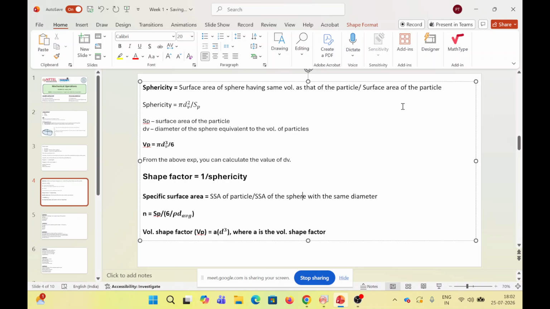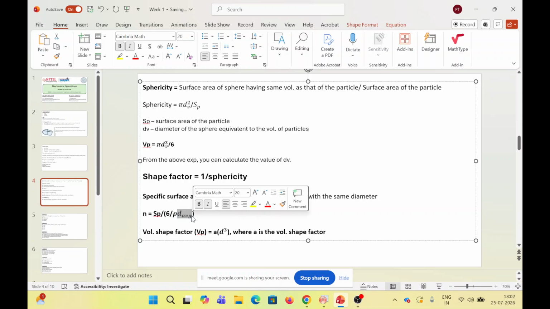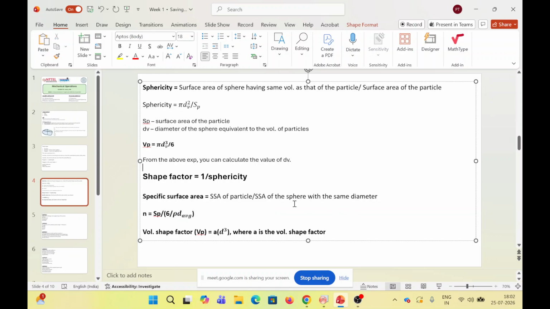As I said, it's a mass dependent parameter. Mass by volume is density, so that is the reason you have rho, and d average is the diameter of the sphere.